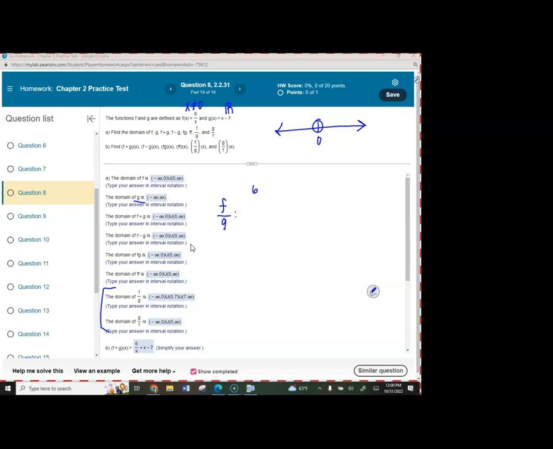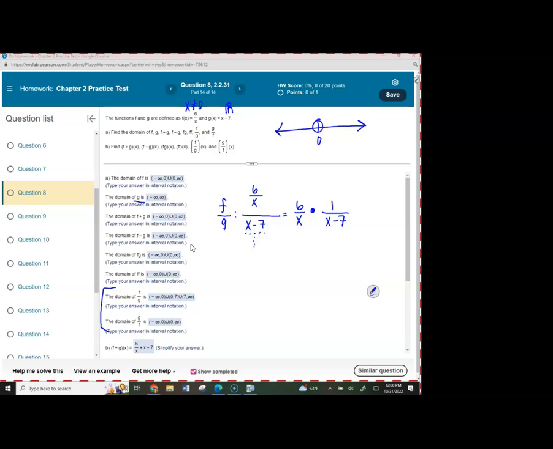f is this big fraction bar, g is zero or whatever is in the fraction. So we're gonna keep, change, flip. This is understood to be over 1, so flip it. And then you don't really have to even multiply.